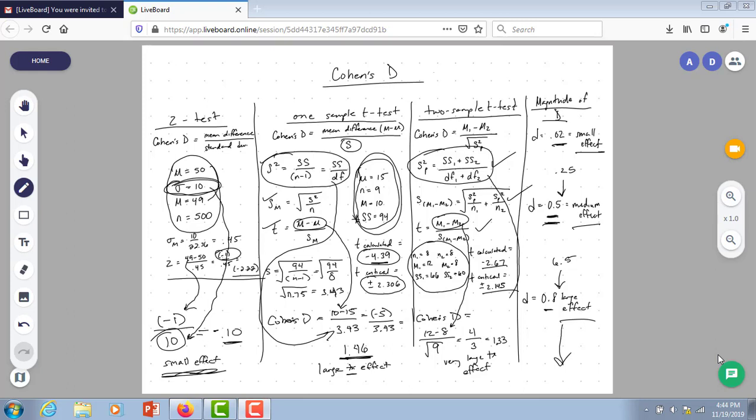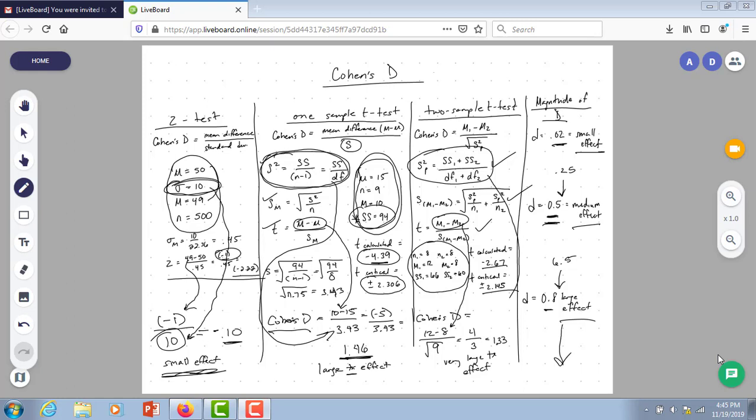Now, how would you go about calculating Cohen's D for a one-sample t-test? Well, the one-sample t-test formulas are listed out: variance, standard error of the mean, and then a calculated t. If you found a significant finding, then you move on to Cohen's D, which is mean difference over the standard deviation. And in this particular example, you would need to take your variance that you would calculate based on the sum of squares that's provided to you, and take the square root of it, and that would be the standard deviation that you need in the denominator of your Cohen's D formula.